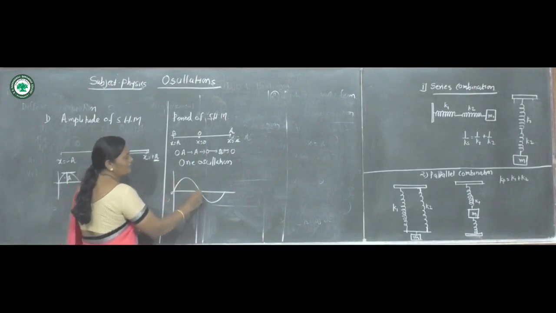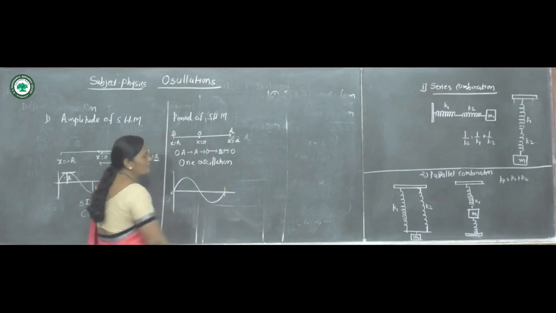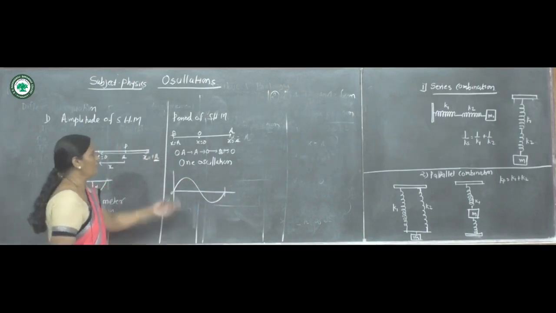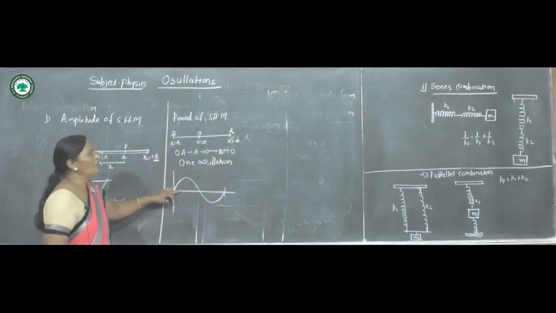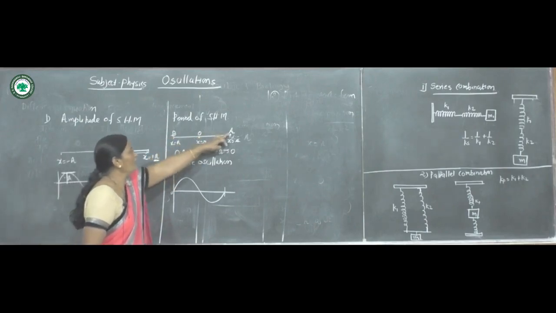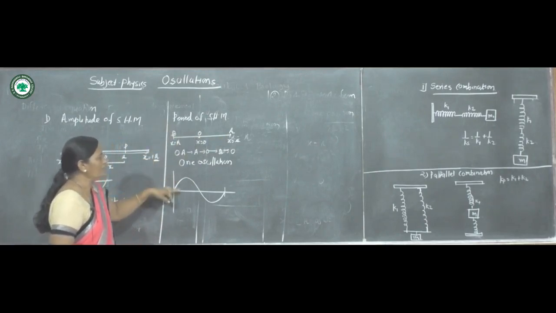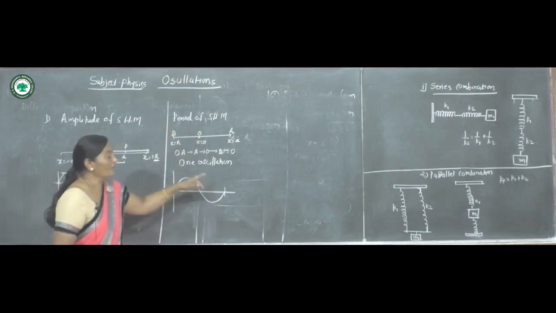This is half vibration, and this is totally one oscillation, one vibration. Again, O to A to O, O to B, B to O is one oscillation.